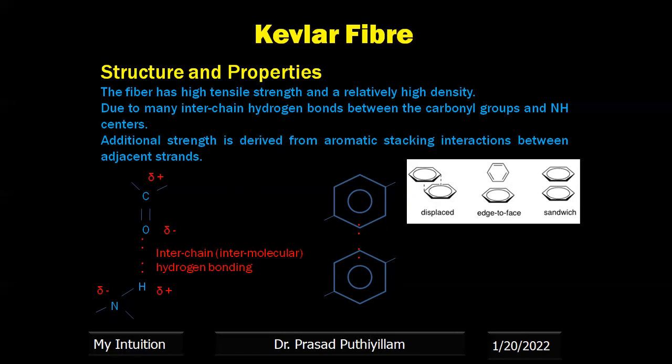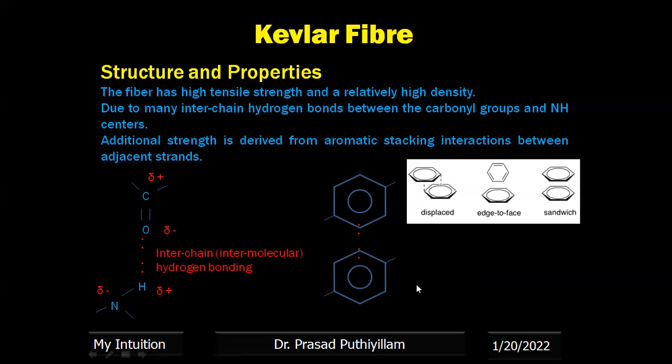So Kevlar fiber has extremely high tensile strength and high density. High density means close packing. Density is nothing but mass per volume. Therefore, more mass is present in a given volume because they are closely packed.